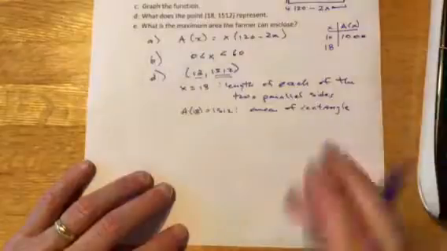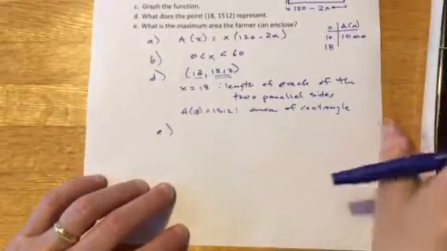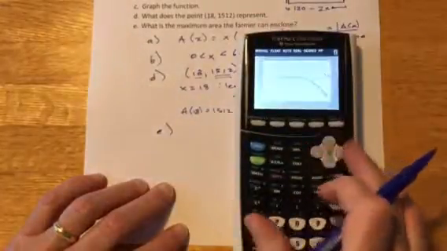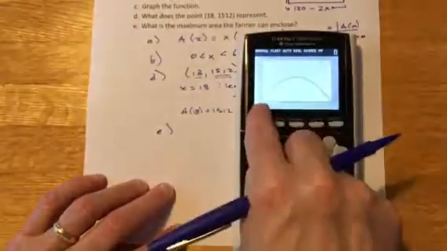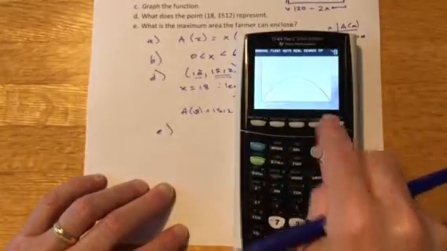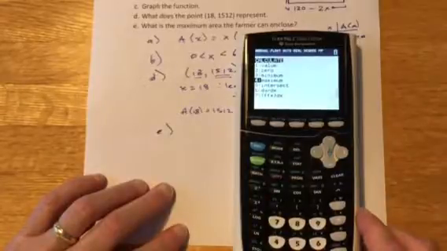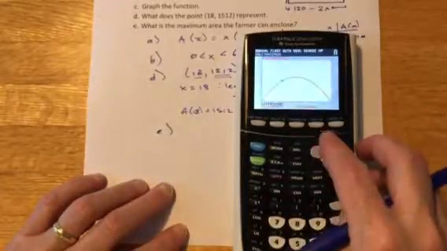And then finally, you're asked to find the maximum area. Well again, we had a nice parabola. The output, which is the y values here, is maximized right here at the vertex of your parabola. So I'll just use my calculator to calculate the maximum. So we hit enter, and it's going to ask you for a left or lower bound.